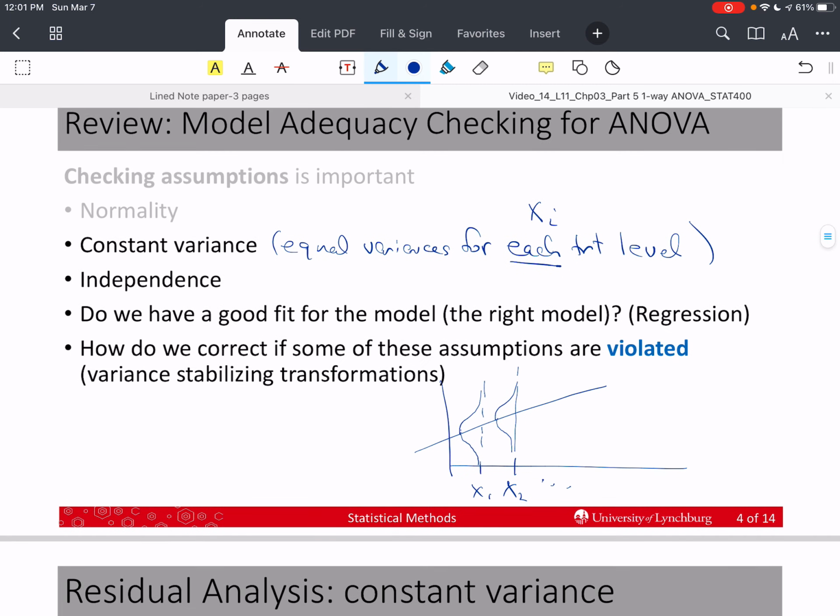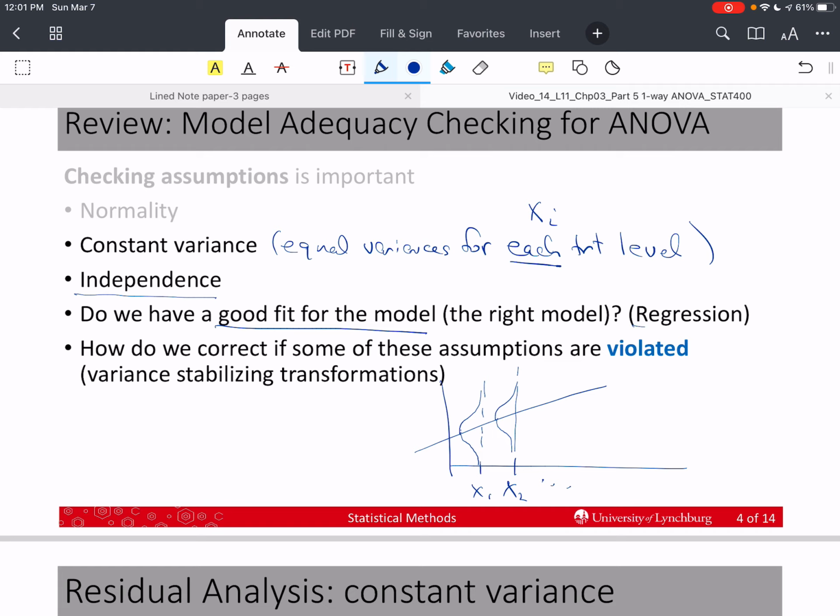So we want to talk about this equal variance or constant variance. We're also going to look at how we determine if the observations are independent of each other like they're supposed to be. Do we have a good fit for the model? This Anova usually represents a straight line, depending on what variables you've included, and then we may not have that correct model. It may not be a straight line.